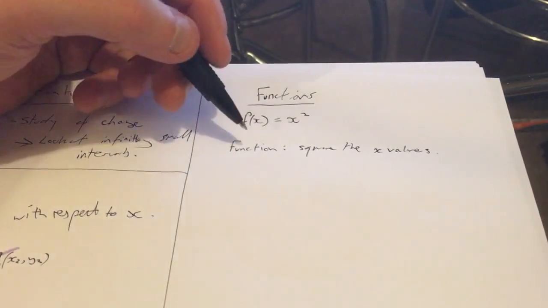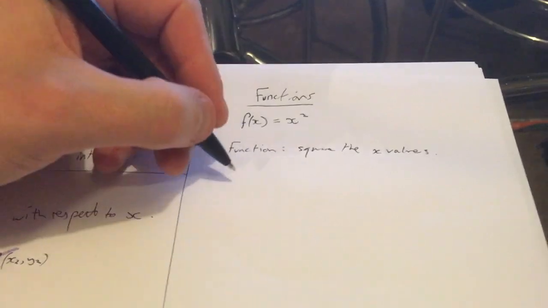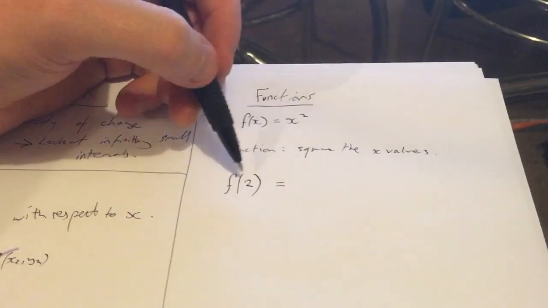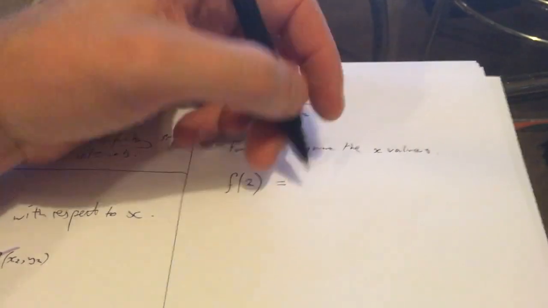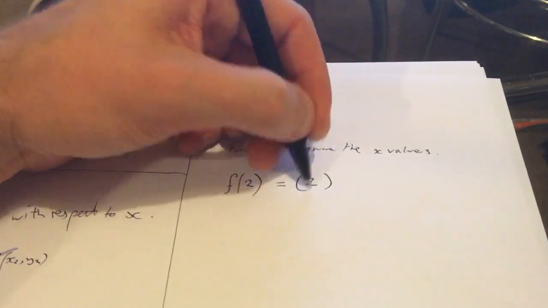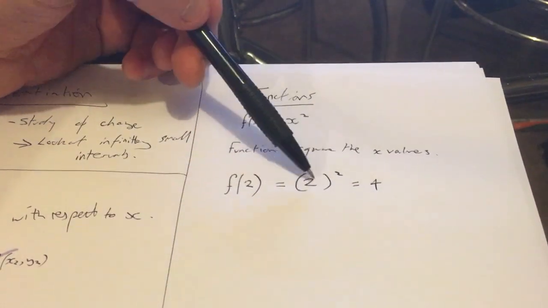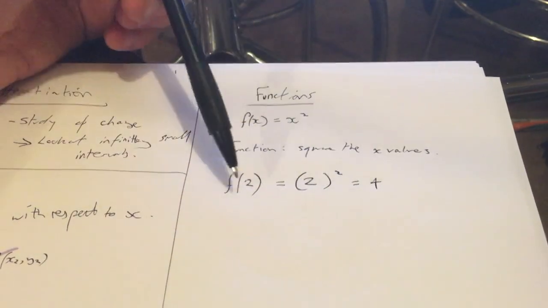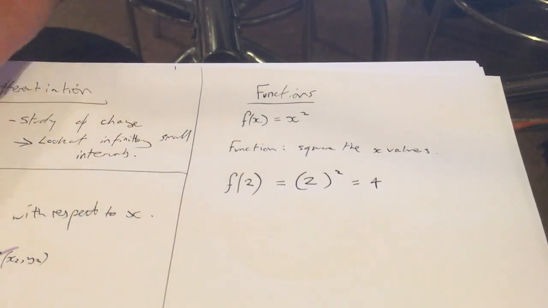Now, if I wanted to calculate a specific value, a specific y value for this function, we could use the notation f of 2, which would basically mean put in x equals 2 for this function. So we'd get 2 squared, which gives us 4. So in other words, for an x value of 2 on this function, we get a y value of 4. So f of 2 is 4. So we can use functions to notate things like this.